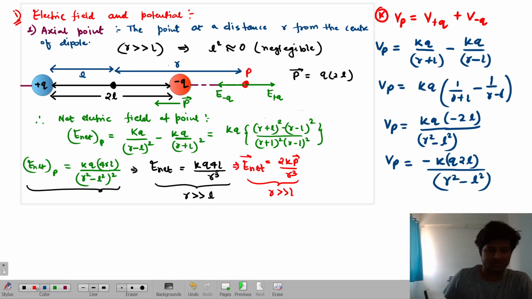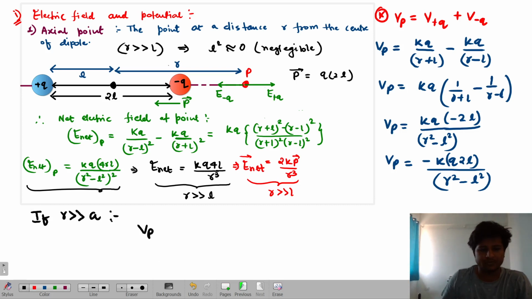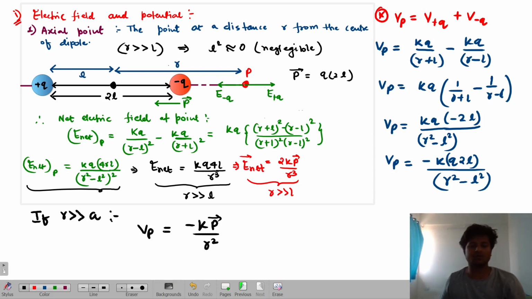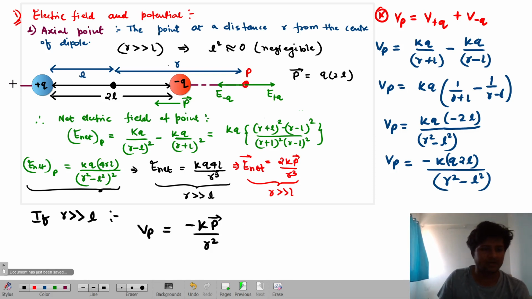So that means if R is much greater than L, got it? Then potential at point P will be minus Kp vector divided by R square. So that's for R much greater than L. Okay, I'm taking L. Is that clear? Now here it is minus, but here when I consider it, it will become positive or not.